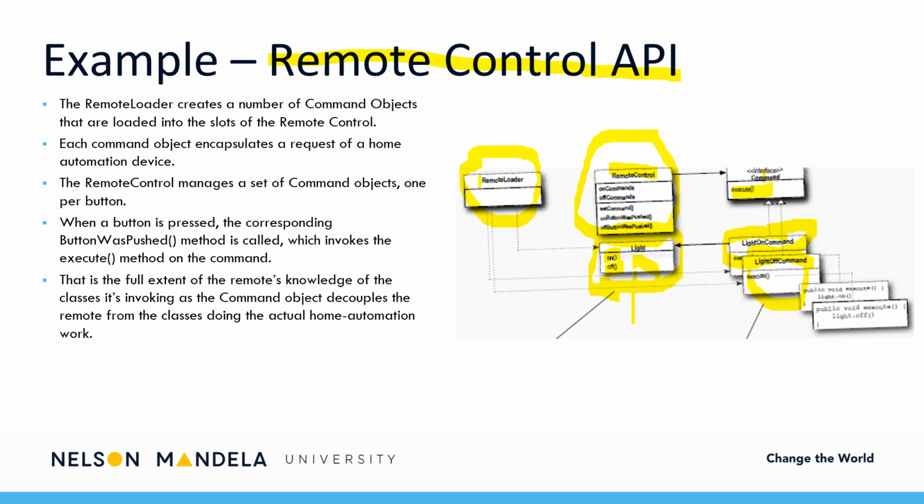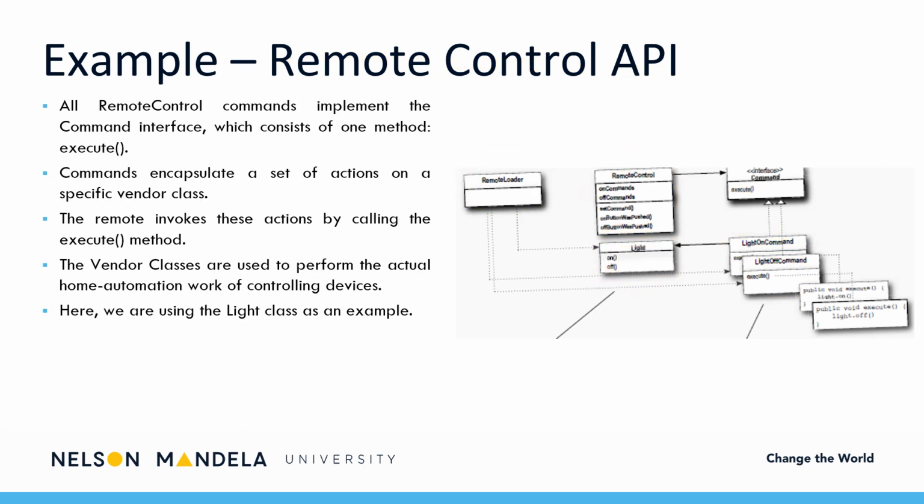When a person wants to turn a light on, they click on the remote control, and then the light on command class is called. When they want to undo that, the light off command is called, and when the light off command is called, the off method is called, and then the on method is now removed.